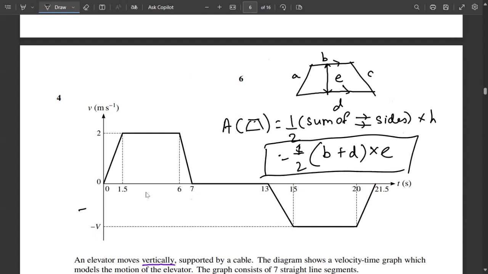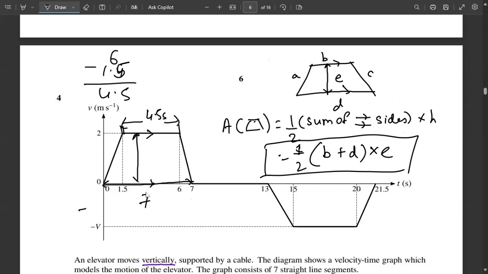Now let's move forward. Here the parallel lines are this. This will be 6 minus 1.5, which is 4.5. So this will be 4.5 seconds, or distance is 4.5. This is 7. The height is 2.